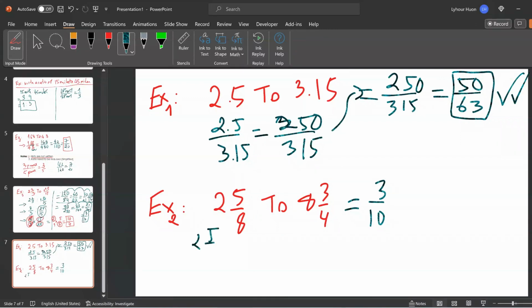2 and 5 over 8 divided by 3 and 3 over 4. So it's a mixed number divided by a mixed number.